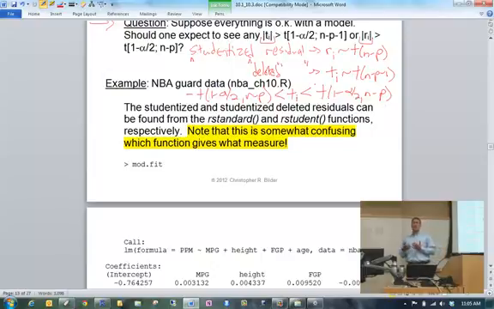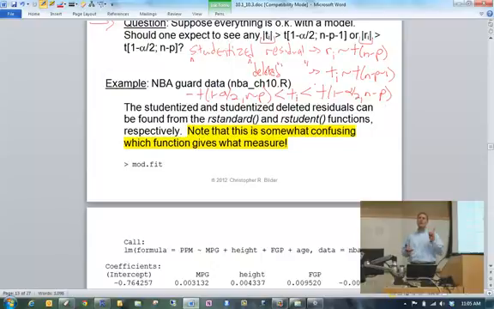Now, just because it's outside that range doesn't mean it is a problem. For example, we know that if alpha was 0.01 and we had 100 observations, how many observations on average would you expect to be outside that range? Well, 0.01 times 100, 1. Now, if you start having, let's say, 10 observations outside that range, then you're starting to worry, because it would be quite unusual for that to happen if everything was okay with your model.